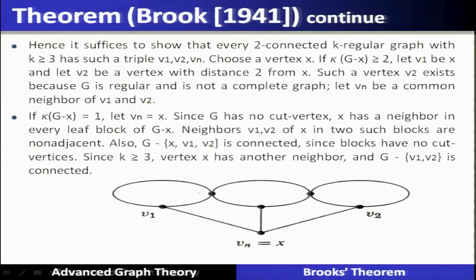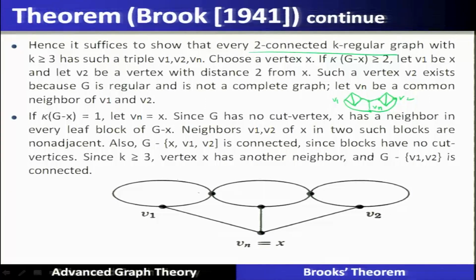Let us take an example graph and understand this particular case. Now, here this particular graph is 2-connected and k-regular, and we will consider the triple V1, V2 and Vn.